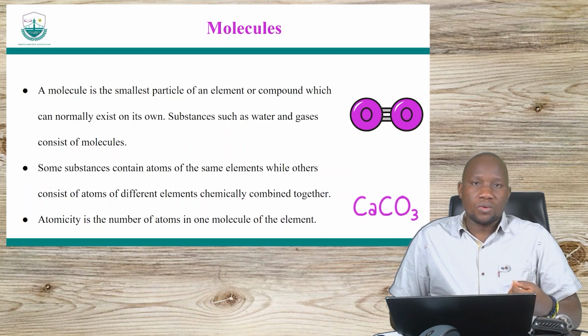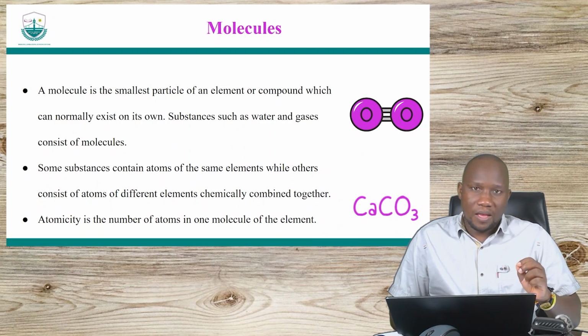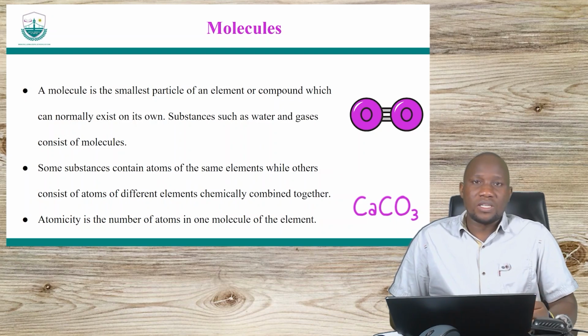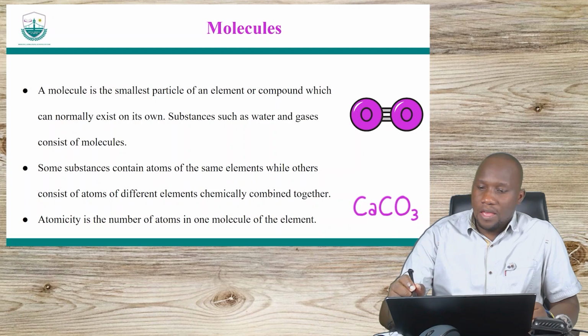Okay, so what we are saying here is that a molecule is the smallest part of an element or a component that can exist on its own. Okay, that can normally exist on its own. And let's use the example of oxygen. Oxygen here is O2, right?